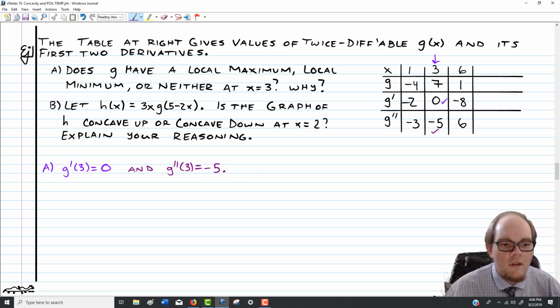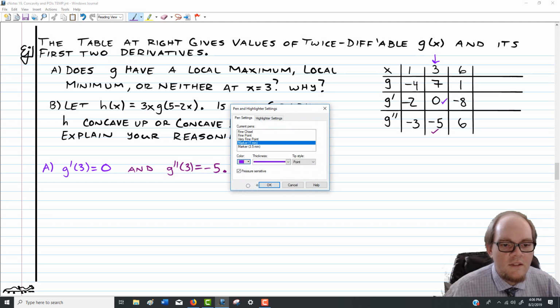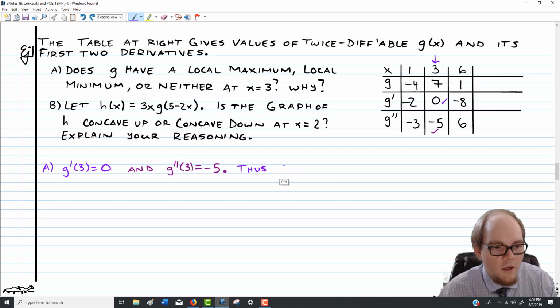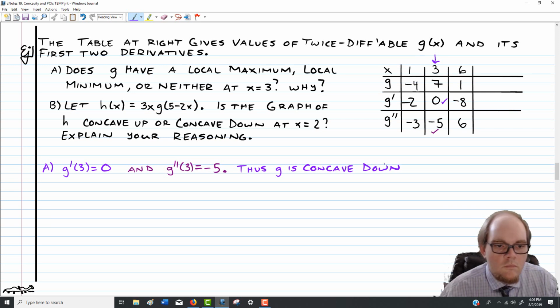-5 is clearly negative. So that means we're looking at a situation where we are concave down at a critical number. So from here, I'm just going to narrate that. Thus, g is concave down at critical number x equals 3.